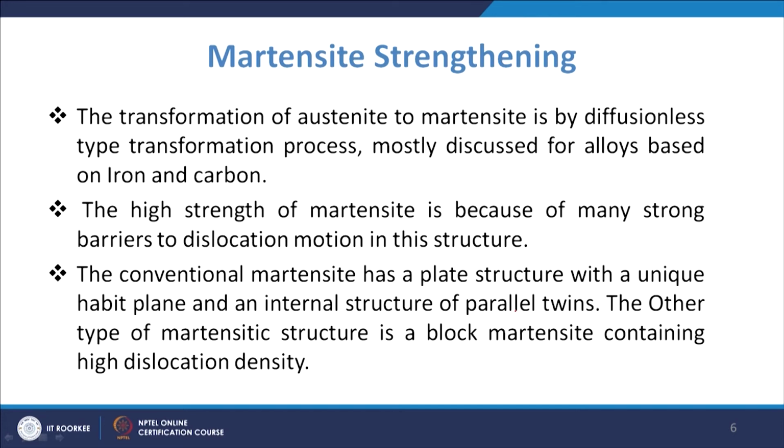And then this block martensite contains a very high value of dislocation density, maybe of the order of 10 raised to the power 9 to 10 raised to the power 10 per meter square. So, per mm square in fact. That is a very high value of dislocation density, corresponding to a very highly deformed material, where with the change in the dislocation density, the yield stress value will be changing.